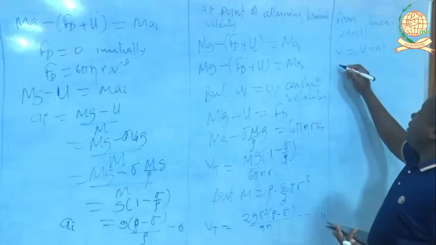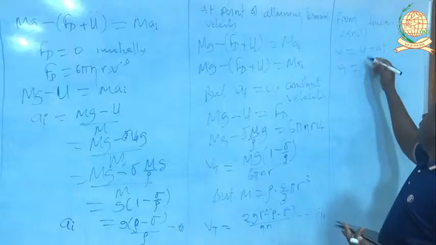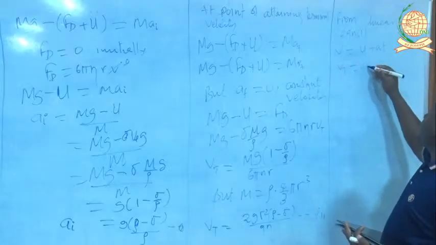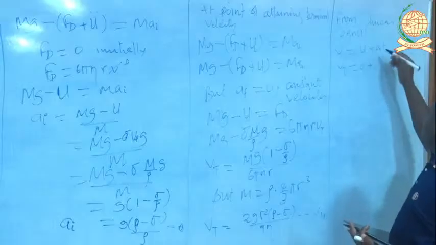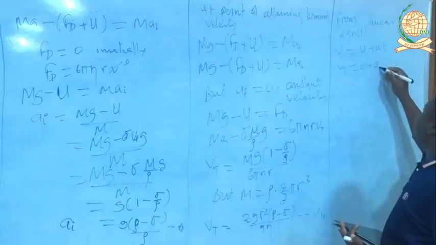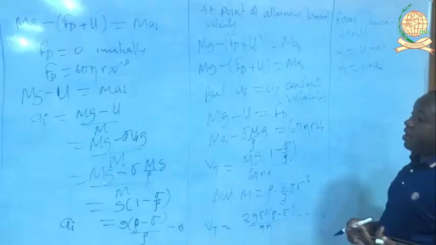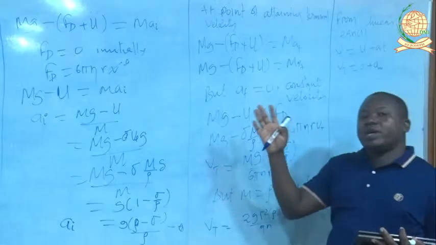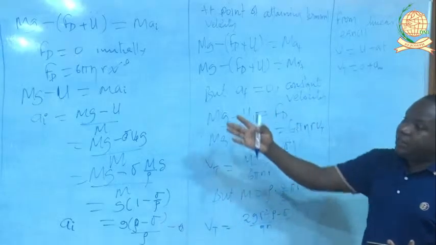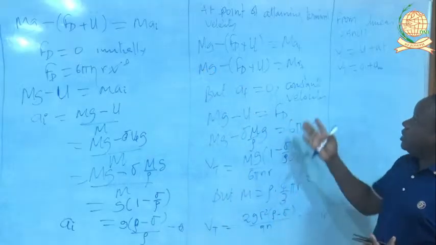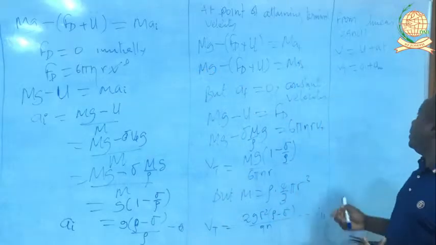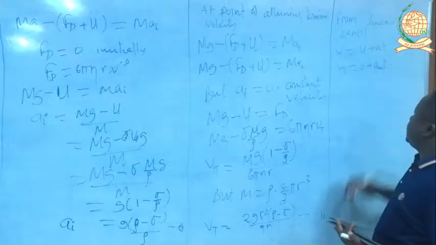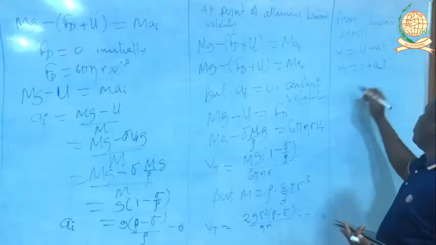For this case, our final velocity is terminal velocity. Initial it is 0 because it started from rest. A is the average acceleration. Why average? Because we are having two accelerations, the acceleration initially and the acceleration final, which is 0. So times t.